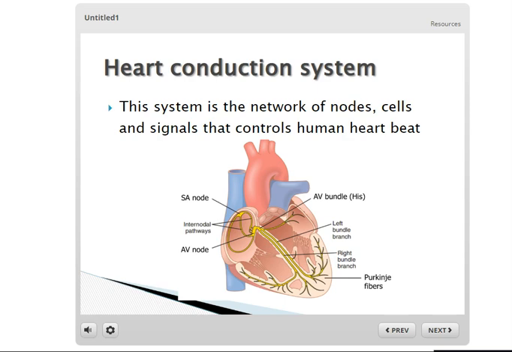And the atrioventricular node, or AV node, located at the junction of the atria and ventricles, delays the impulses from the atria before passing into the ventricles, allowing time for the atria to contract and fill the ventricles with blood.